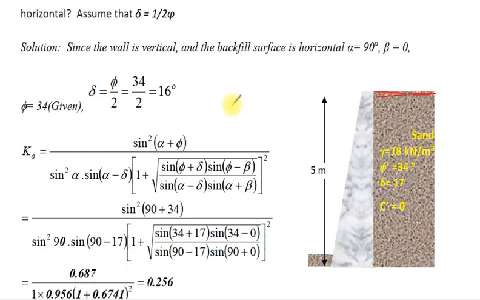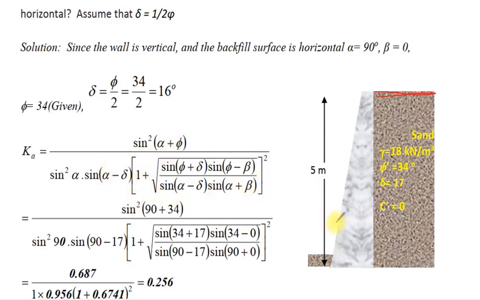To compute the active lateral earth pressure, we have to compute the active earth pressure coefficient K active by using the following equation: K active equals sine square alpha plus phi, over sine square alpha sine alpha minus delta times this expression.